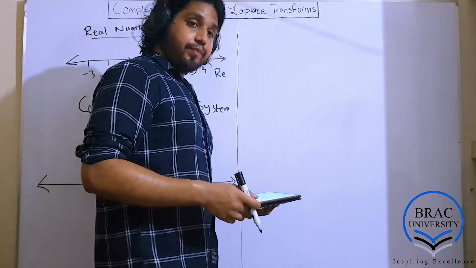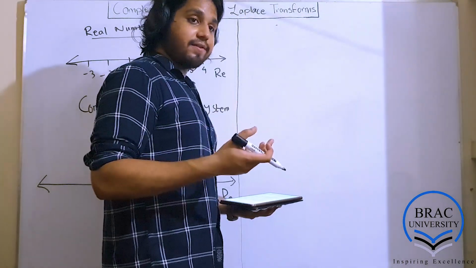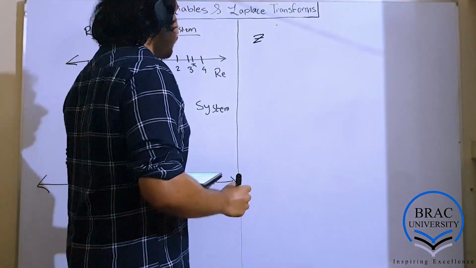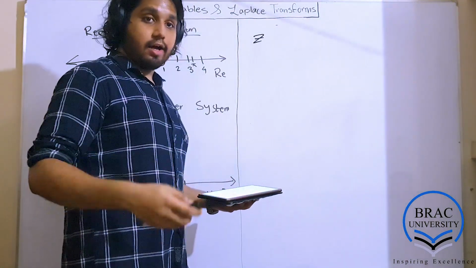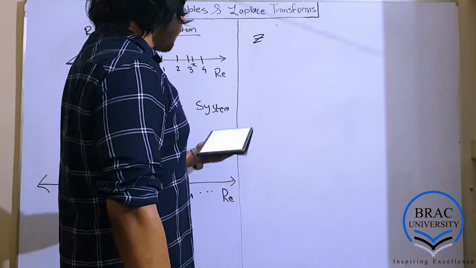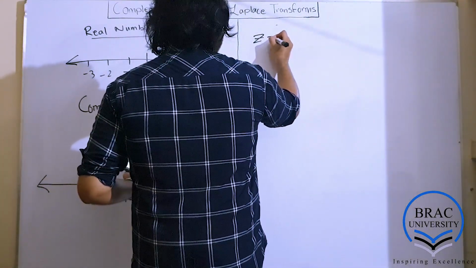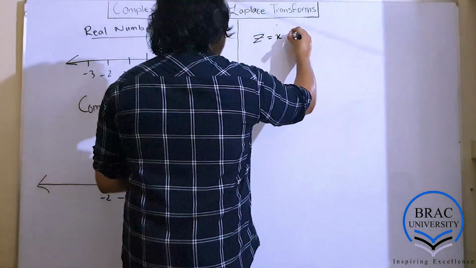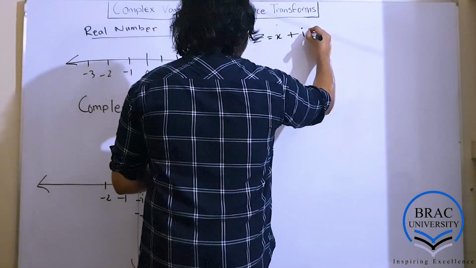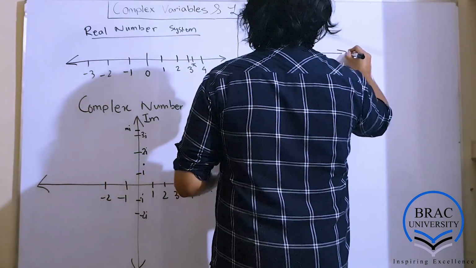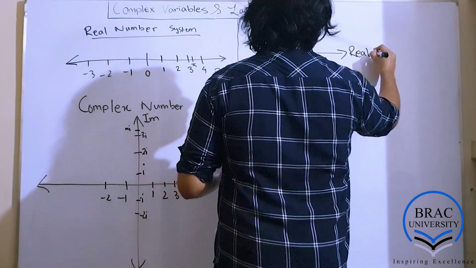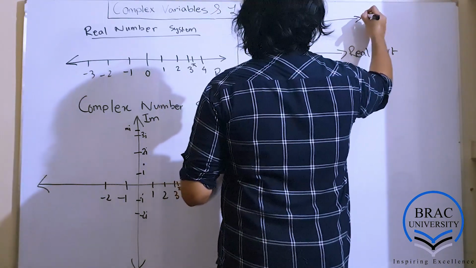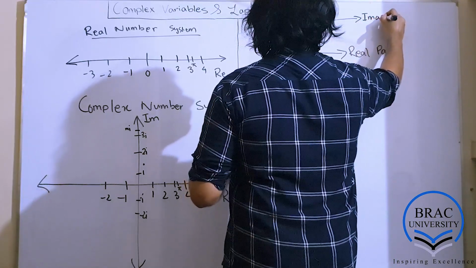It is tradition to denote a complex number as z. You will see this letter a lot in this course. So we say z consists of this real part, which is x, plus this imaginary part, which is y times i. Let me label them. This is what is called the real part, and this is what is called the imaginary part.